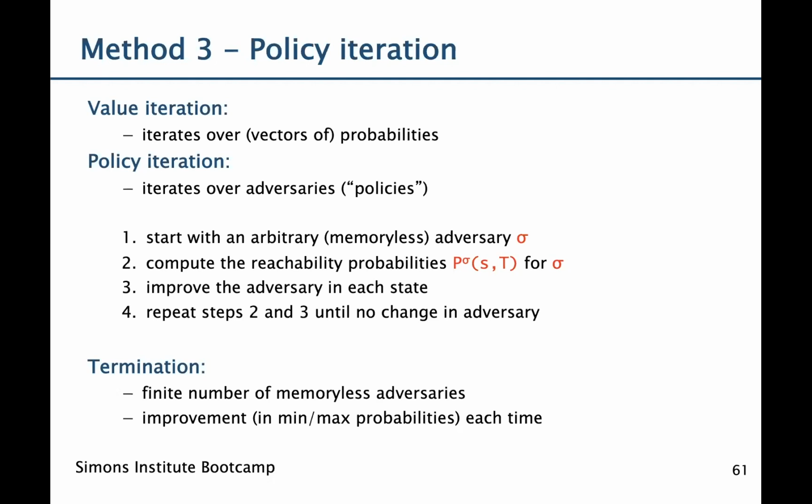Is there a better action that yields a higher probability of getting to the target? If there is, then we change to that action, and we keep doing that until we can't improve the strategy any more. And this will terminate because there's only a finite number of memoryless adversaries or strategies.